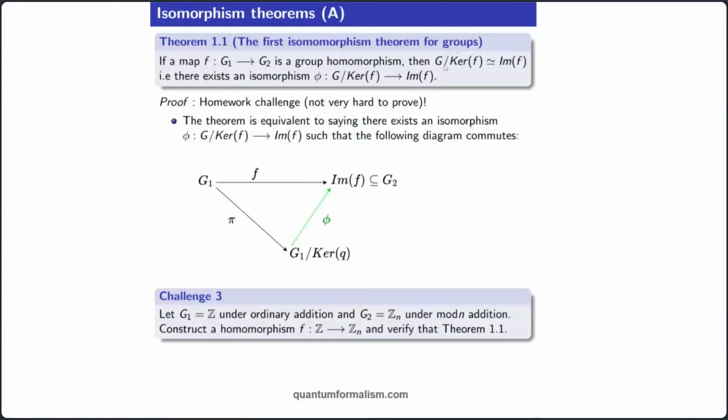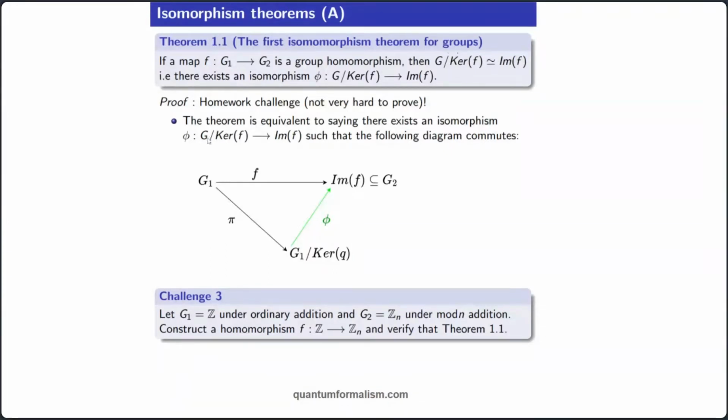So it says there is a natural isomorphism of this quotient group to the image of F. This is to say that there exists some isomorphism phi that goes from here to here. So another equivalent way of saying that is, again, I'm sorry, there is a typo here for those watching.